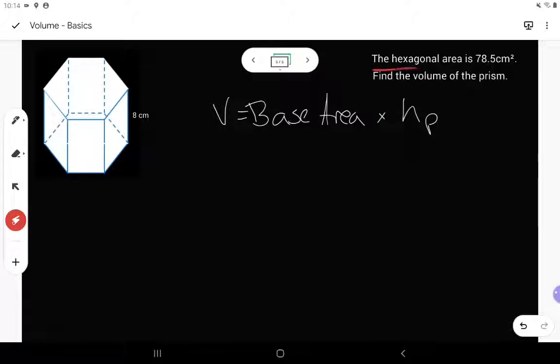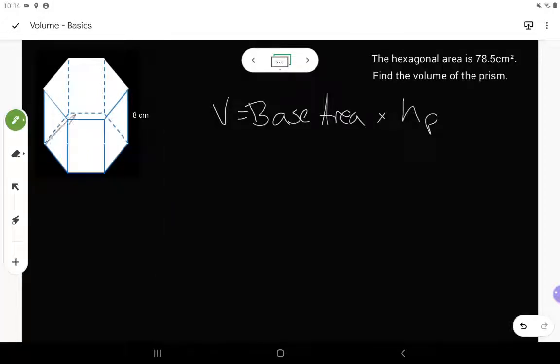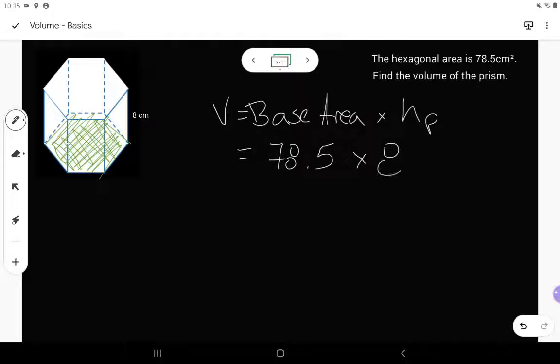Now here I said the hexagonal area is 78.5 centimeters squared. So the hexagonal area being this space here that the hexagon is taking up in 2 dimensions, and then I'm stacking that hexagon on top of itself over and over and over and over till I get this height of 8 centimeters. So I'm going to take that base area of 78.5 and we are going to multiply by 8.